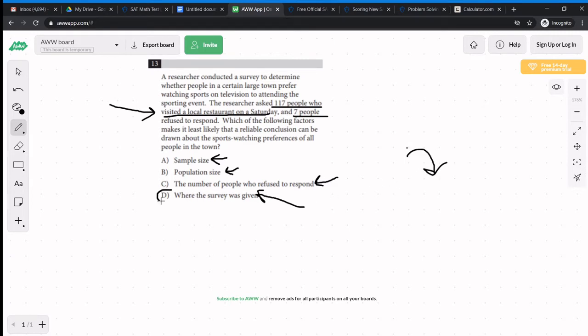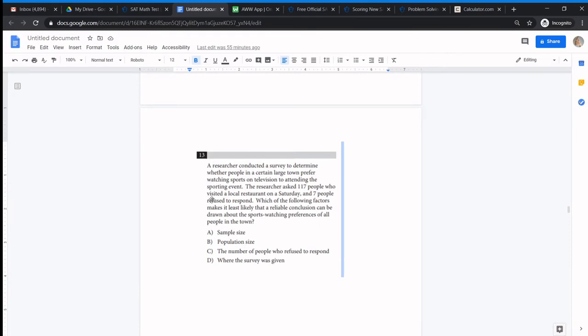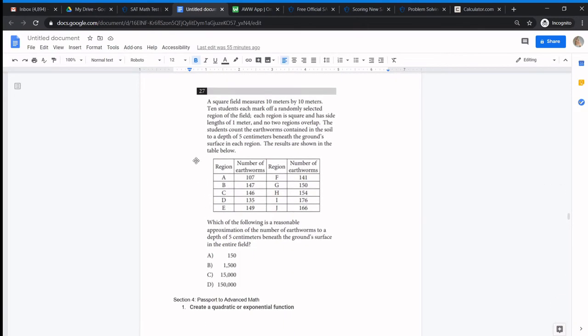So, where the survey was given actually makes a pretty big impact on the opinions of the people there. For that reason, where the survey was given is going to be your answer. And to be 100% honest, it's almost always your answer for these types of problems. Where it was given, the conditions it was given in. Alright, let's go on to the next one.